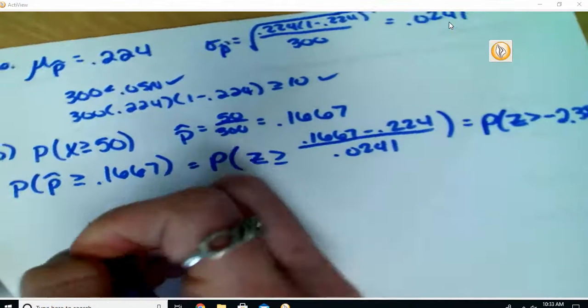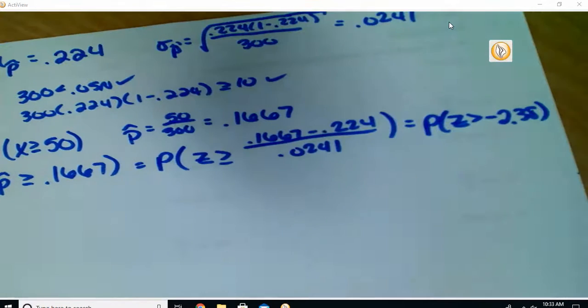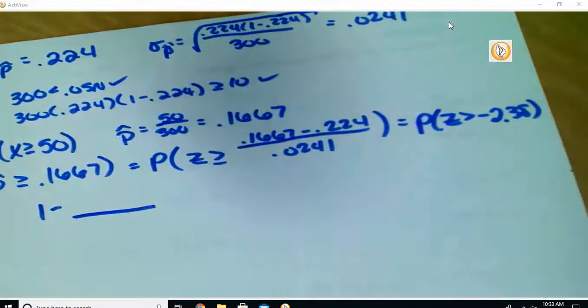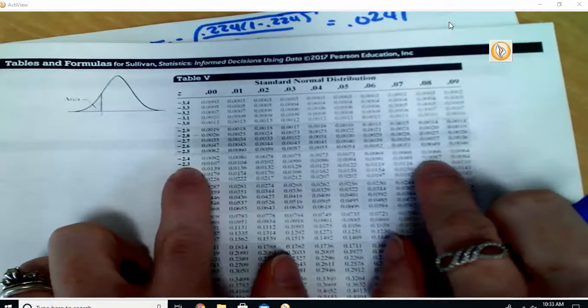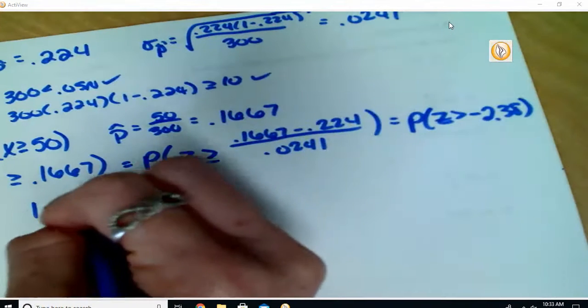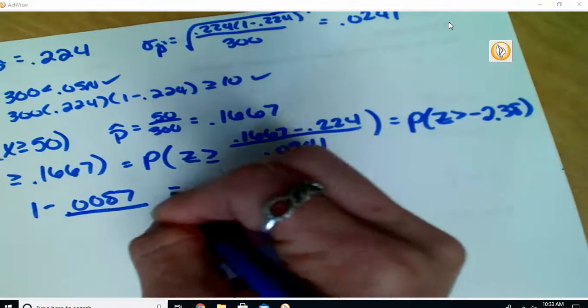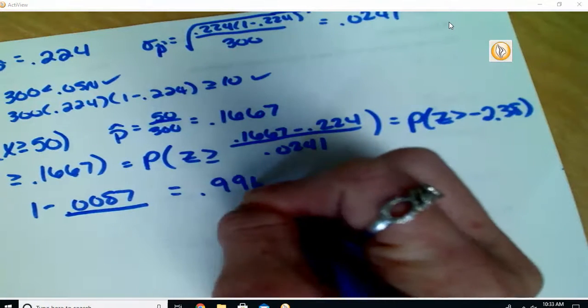Remember, for z, if you look at your normal table, it tells you the probability that something is less than. So to find greater than, we have to do 1 minus something. You look up negative 2.38 on your normal table, and you get 0.0087. So if you do 1 minus, you get 0.9913.